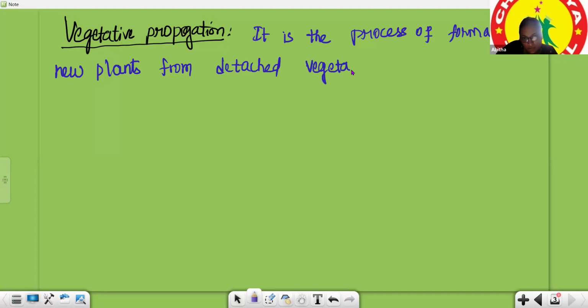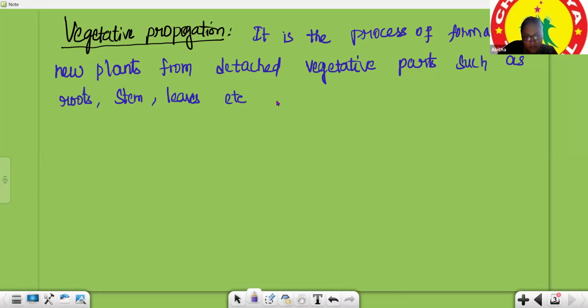Detached vegetative parts such as roots, stem, leaves, etc. of the parent plant.